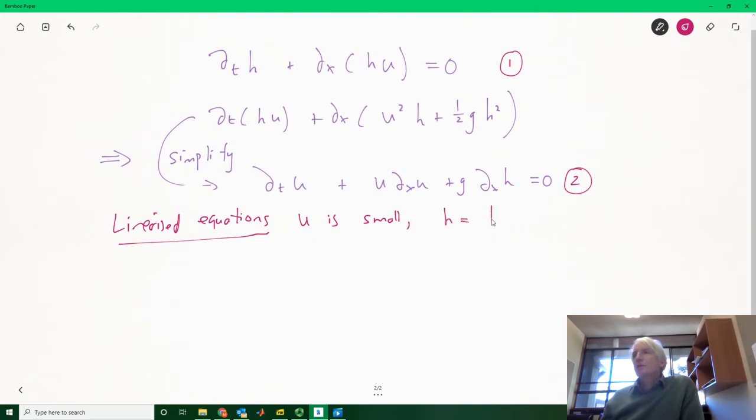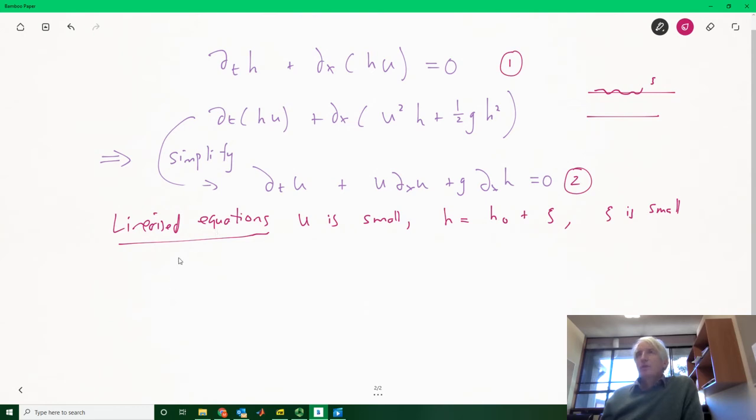H is equal to h naught, this reference depth, plus zeta. So the depth of the water can be big, but we've got basically flat water and a little rippling here, which is zeta. So zeta is small.